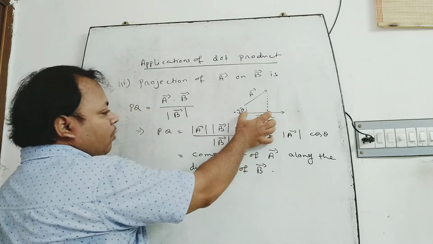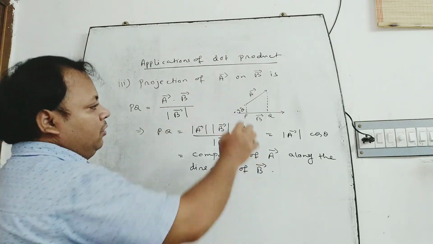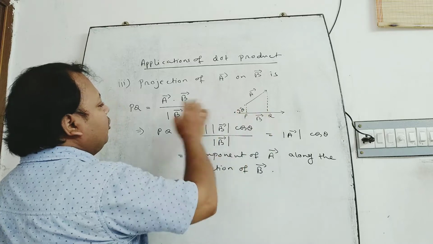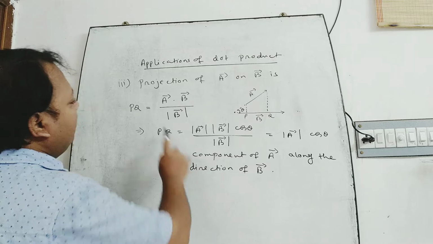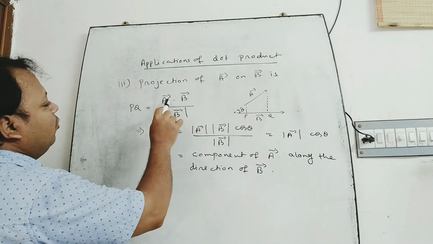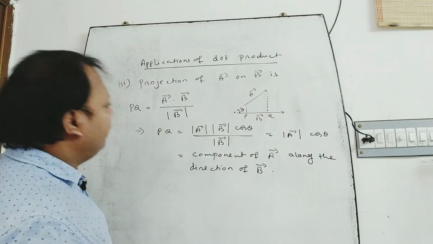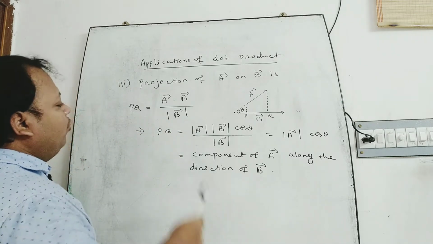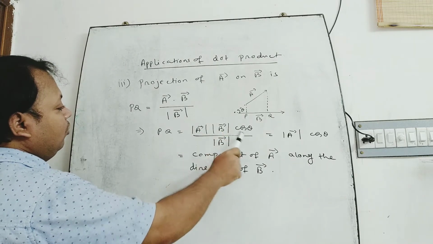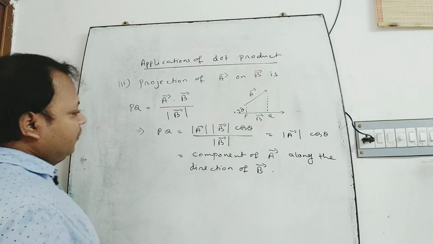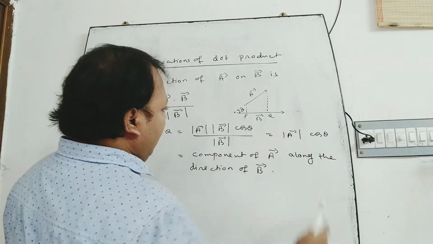The length of PQ is known as the projection of a vector on b vector. It can be written as PQ is equal to a vector dot b vector divided by mod of b vector, and we can write PQ is equal to mod of a vector, mod of b vector, cos theta, whole divided by mod of b vector.